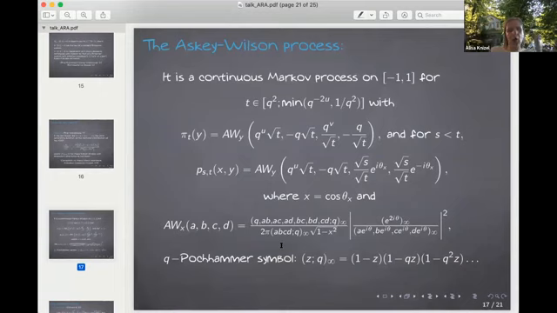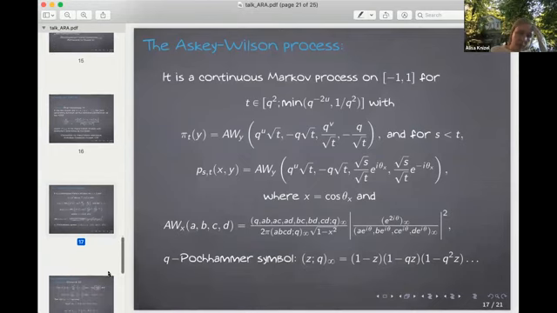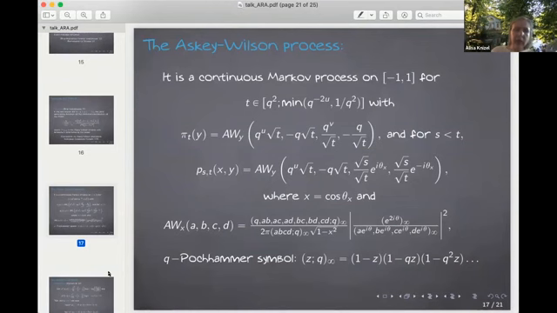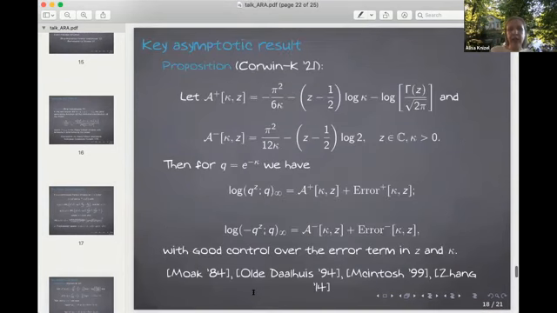In particular, when we work with the asymptotics of this process with respect to the weakly asymmetric scaling, one of the key asymptotic ingredients is the understanding of the expansions of q-Pochhammer symbols when q goes to 1.